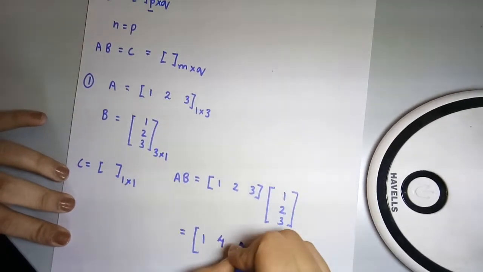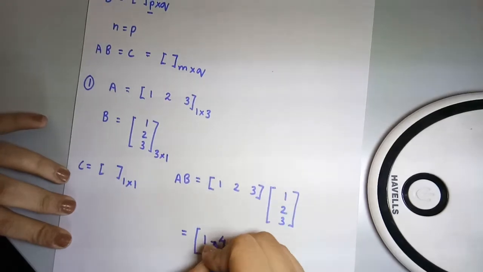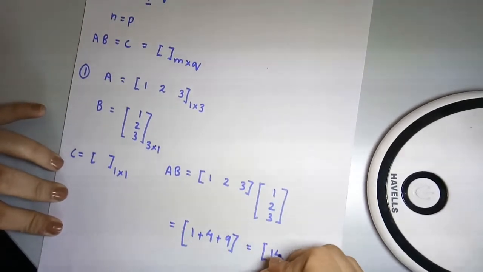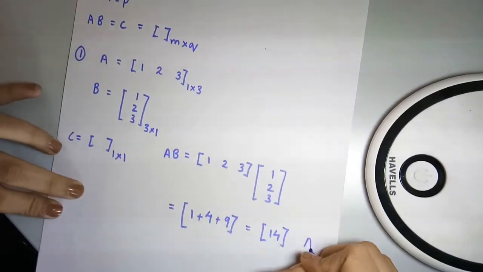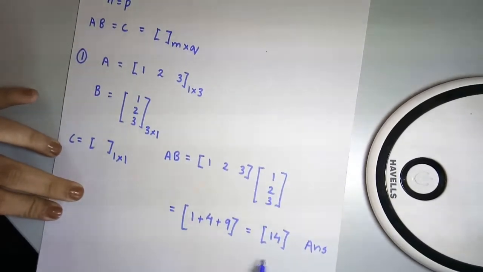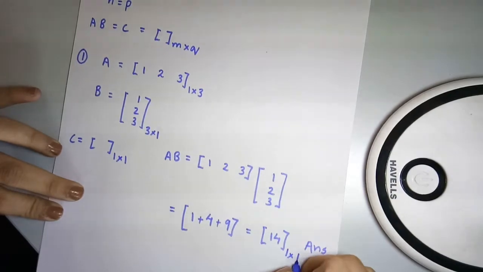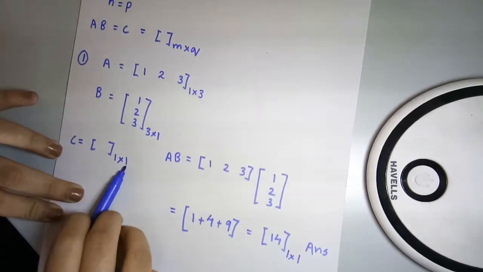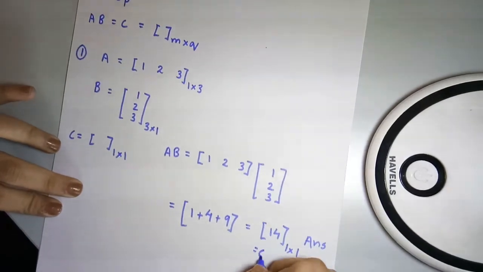And similarly, 9. We add these to get the answer. And as you can see, it is of the order 1 cross 1, which I said it would be. This is C of the order 1 cross 1.